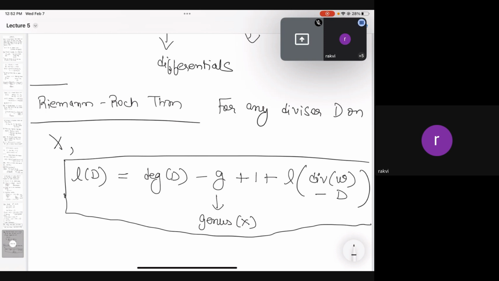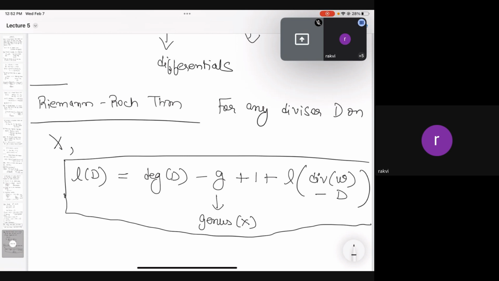As I said, I have not defined genus yet. One way to define genus is if we think of our curves as Riemann surfaces. So basically, there are certain donuts glued together, and the number of holes or number of handles is basically that genus.